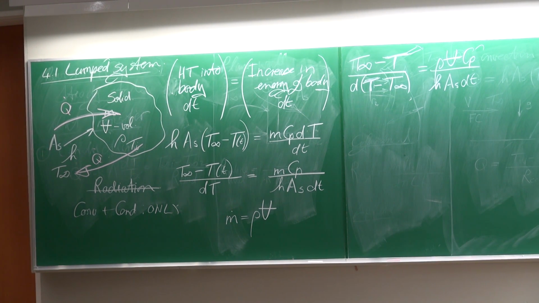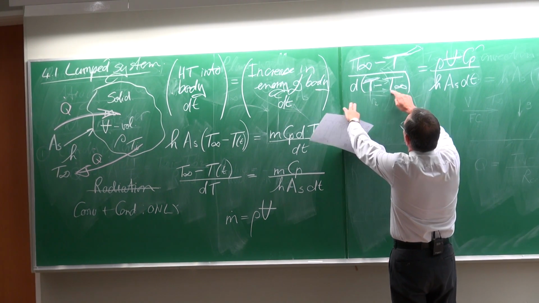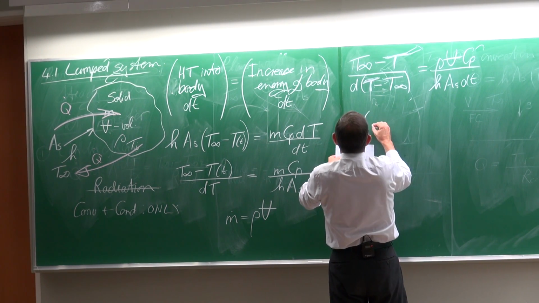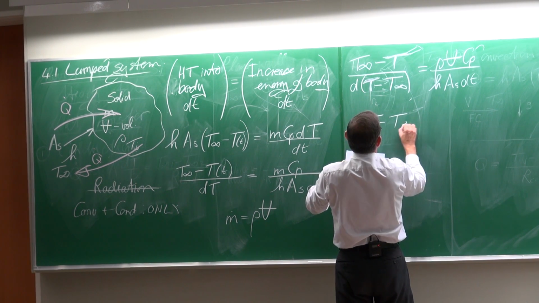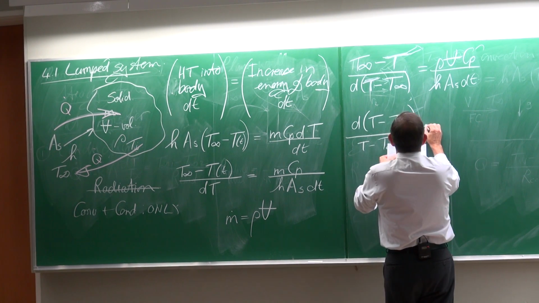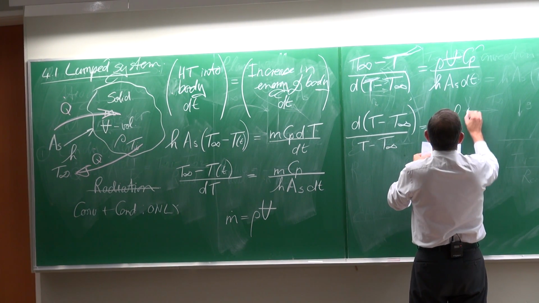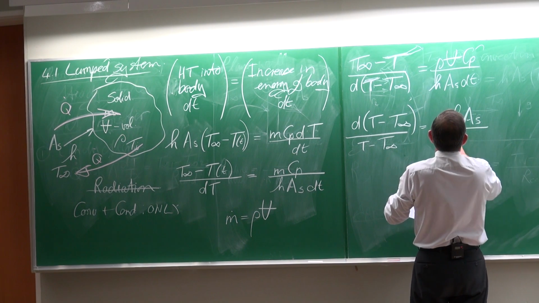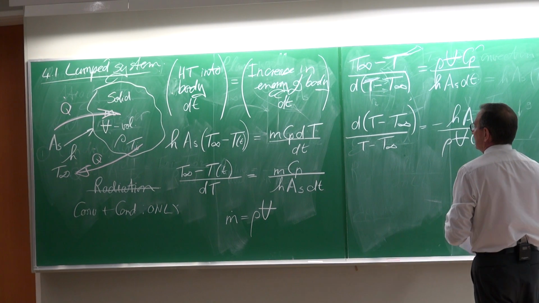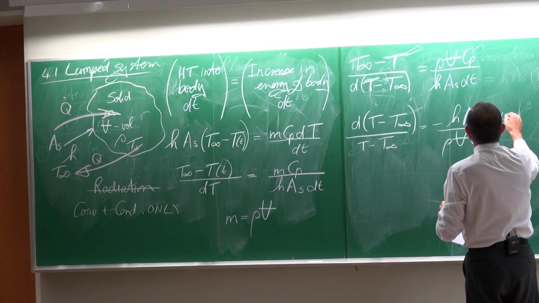Now, what you can do is take the dt's and multiply by the minus just to get rid of it. And the result is that you're going to write this equation as dT over T minus T infinite, equal to minus the transfer coefficient, the surface area, over rho volume Cp, and the dt.